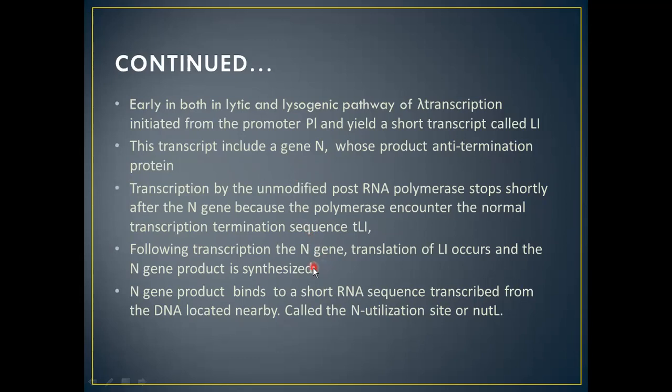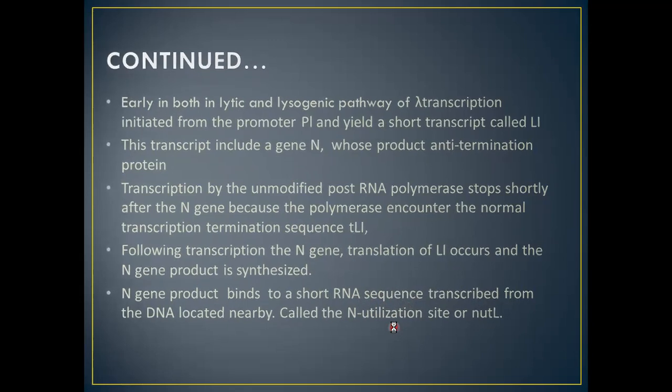Following transcription of the N gene, translation of L1 occurs and the N gene product is synthesized. The N gene product binds to a short RNA sequence that is transcribed from the DNA located nearby, called the N utilization site, or NUT L.